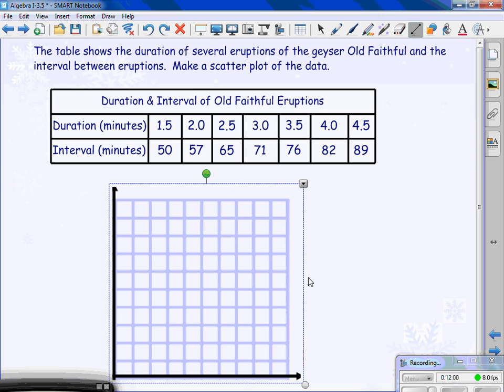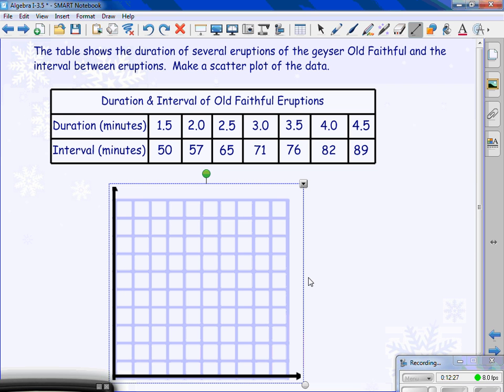Here's another one. So in another quadrant, we're going to put another scatter plot. You can put the whole thing on that graph paper if you wanted. The table, the graph. This one's the duration of several eruptions of the geyser Old Faithful and the interval in between eruptions.